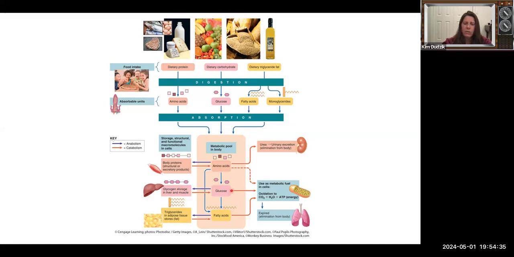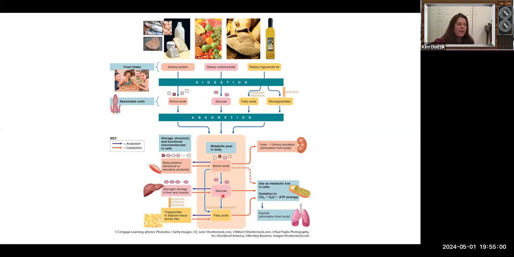back into glucose, right? Triglycerides, fatty acids, can be reformed back into triglycerides in our adipose tissue, and then when needed, broken back down into fatty acids. But notice that amino acids can be converted to fatty acids. Amino acids can be converted into glucose. Glucose can be converted into fatty acids, and so on and so forth.